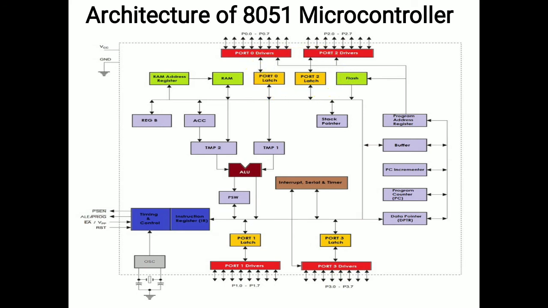For that line we have to connect these four ports along with the latch blocks, and from right bottom in the upward direction DPTR, program counter incrementer, buffer and program address register. So these are the blocks associated with memory operations. All these blocks are related to the memory.